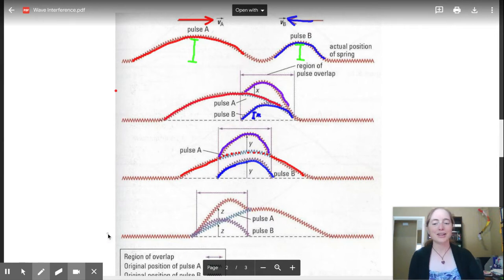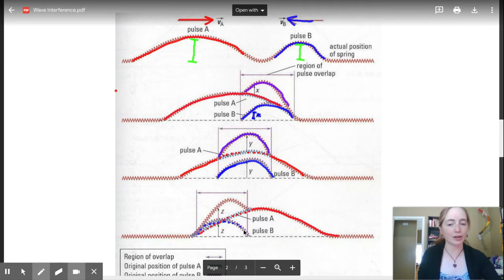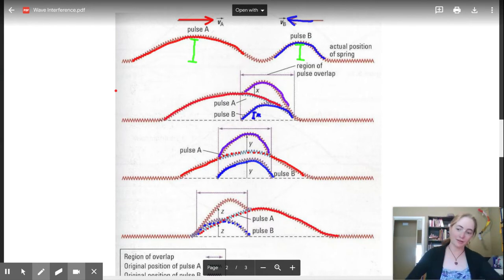All right. So as these waves continue moseying along, doing their thing, there's our red wave. The dotted line is where the red wave would be if there was no blue wave, and the blue wave would be here if there was no red wave. But because they're in the same place at the same time, what do we do?